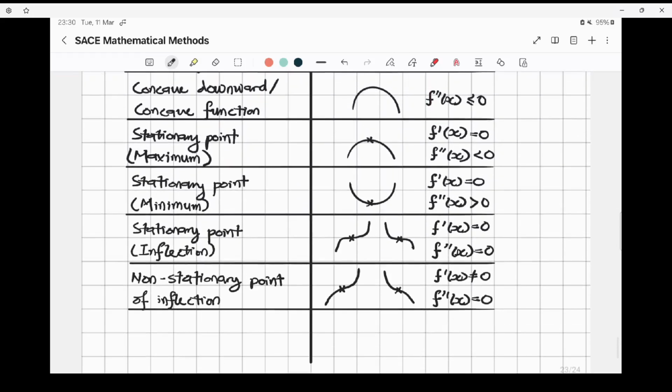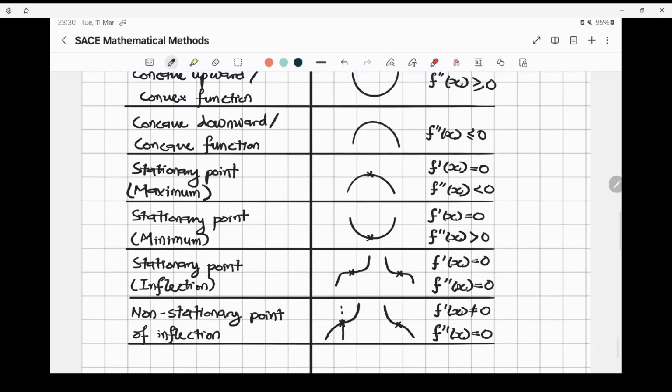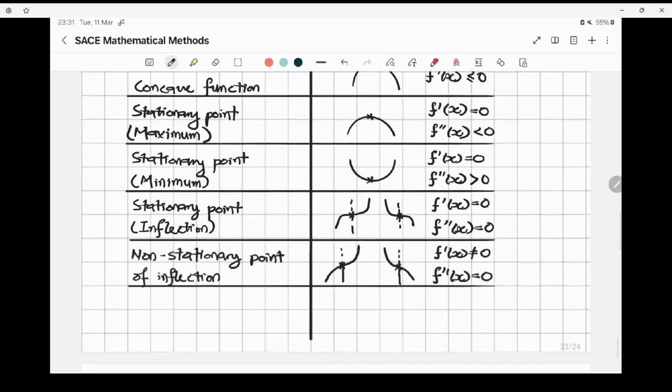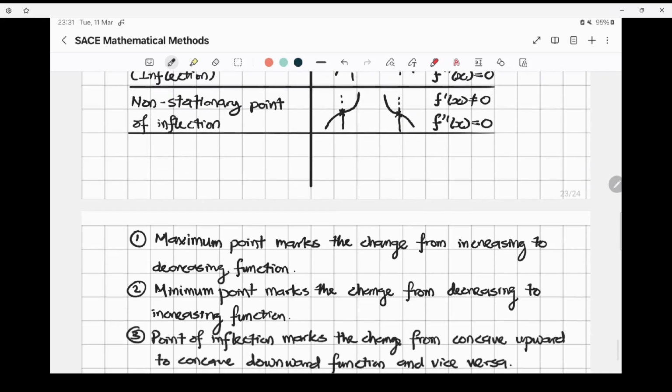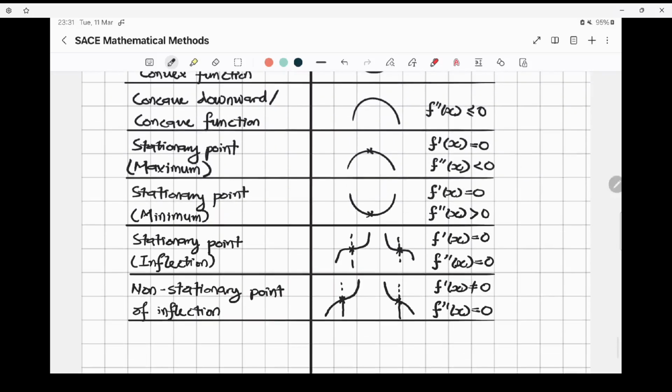So if you check back the diagram that I drew, this portion of the graph, the left side is concave downward and the right side is concave upward. Whereas the other one that I drew, the left side is concave upward and the right side is concave downward. Similarly over here. The idea of a stationary point is not necessarily marking the change from increasing to decreasing function. As you can see on the stationary point of inflection, the function as a whole is still increasing or decreasing.